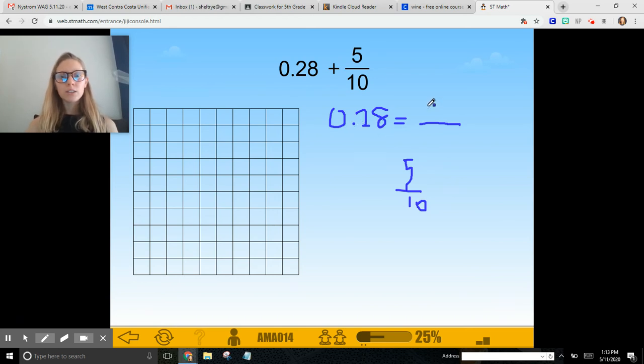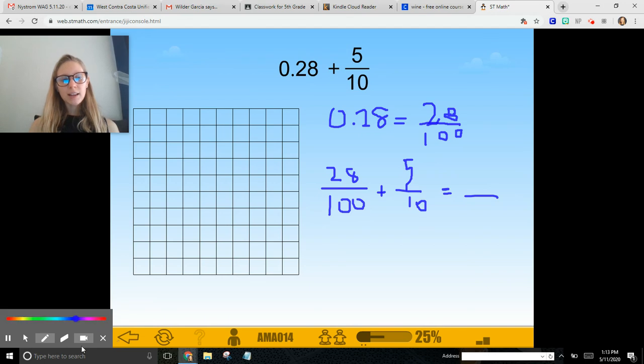So 0.28 would look like 28 on the top and 100 on the bottom, because there's 2 digits to the right of my decimal place, so it's in the hundredths column. So then I would have 28 over 100 plus 5 tenths.